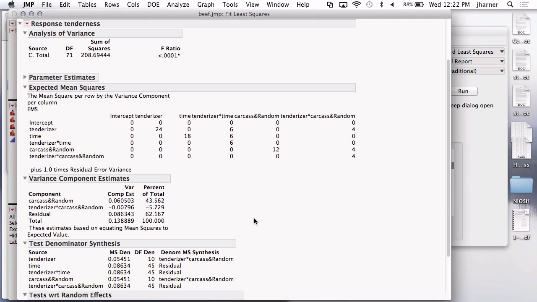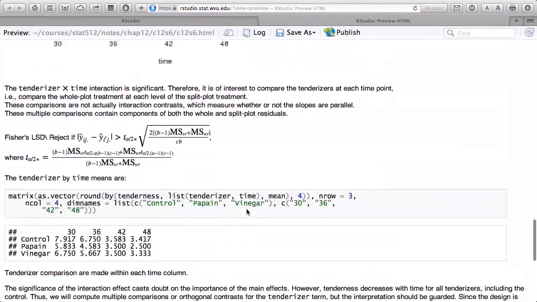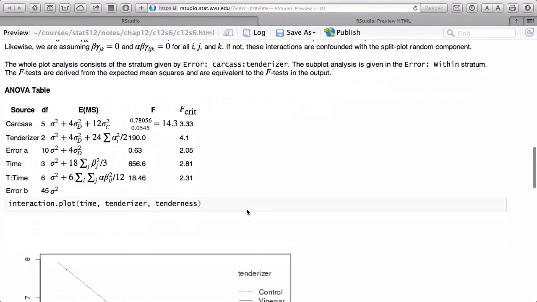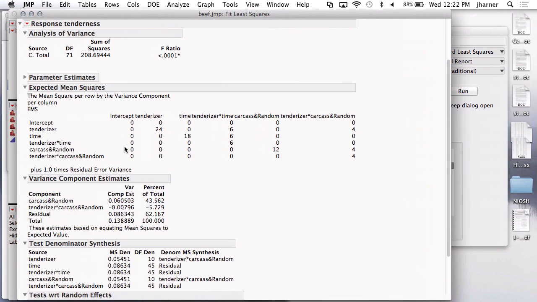Now, if you go back and look at what we did, that's the carcass by tenderizer here. So it's got tenderizer by time.